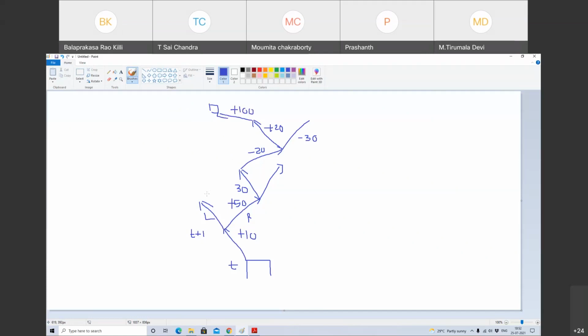Let me tell you at this point so that it will be easy. Left, right, left, right. So from here, it can go left. From here, it can go, let us say, left.